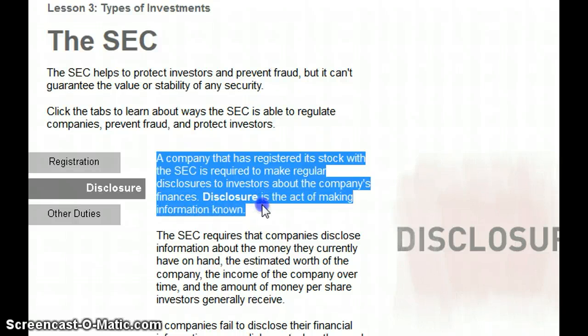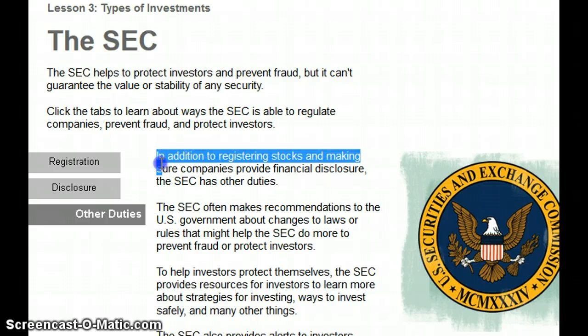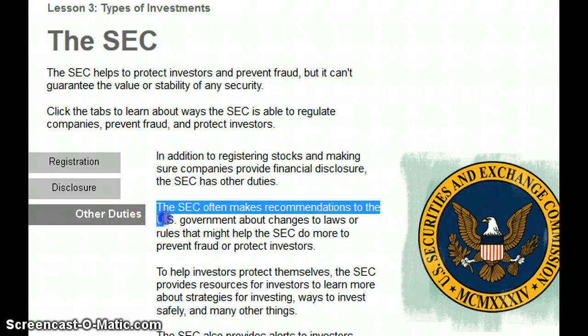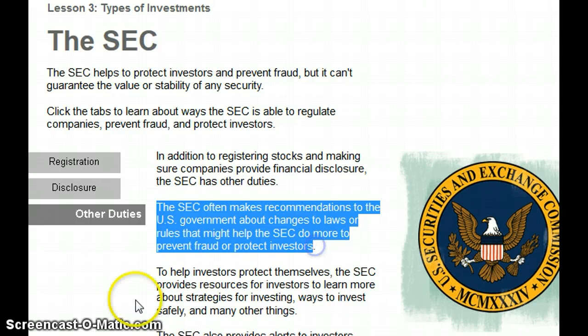Disclosure is the act of making information known. In addition to registering stocks and making sure companies provide financial disclosure, the SEC has other duties. The SEC often makes recommendations to the government about changes to laws or rules that might help the SEC do more to prevent fraud or protect investors.